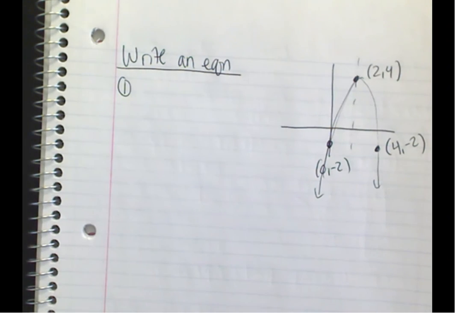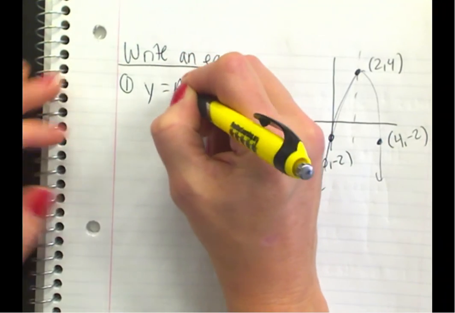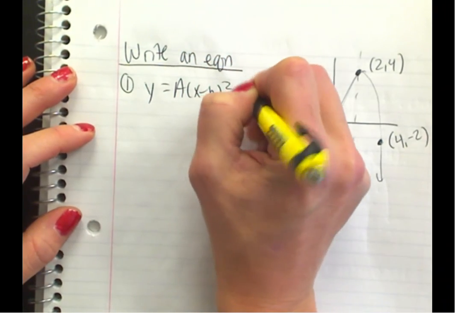Okay, -3/2 is correct. Here we go. y equals a times (x minus h) squared plus k.